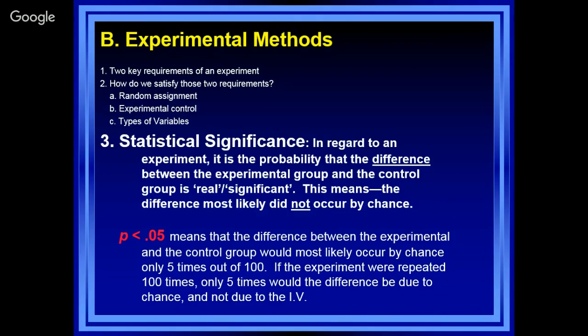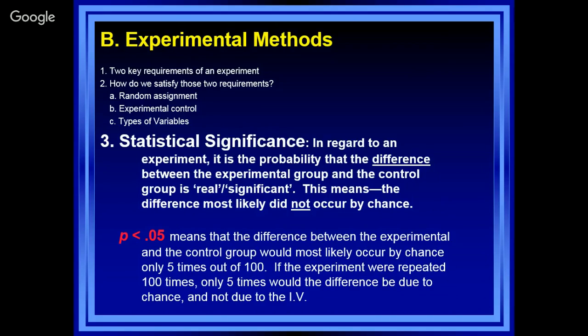Now, when you see that, it's important to remember what that means. That p less than 0.05, the probability level, the p, means that the difference between the experimental and the control group would most likely occur by chance only 5 times out of 100. That's why it's 0.05. It's 5 out of 100.